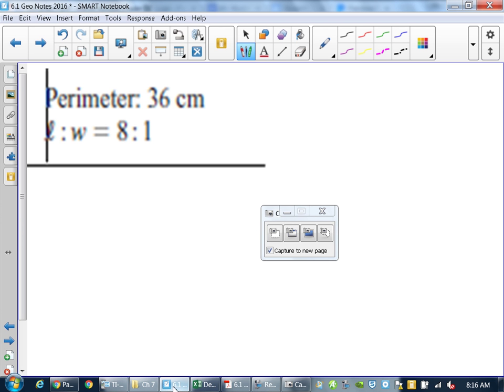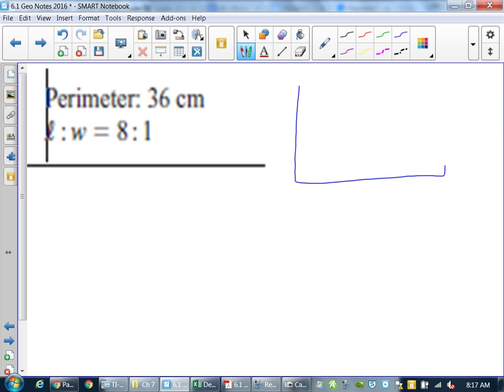So let's figure out how we would write this up. Is the question then what are the lengths of the sides? Yes. Okay.